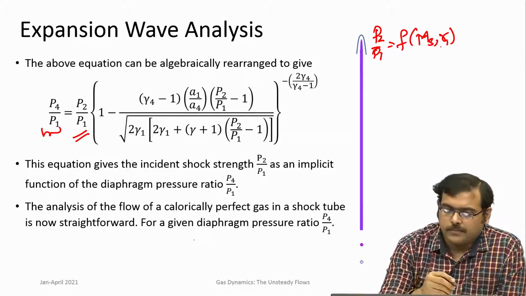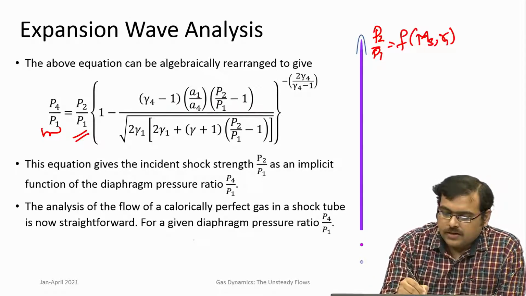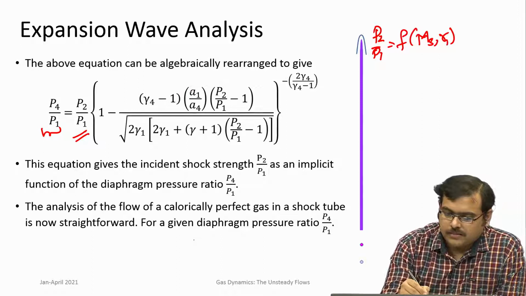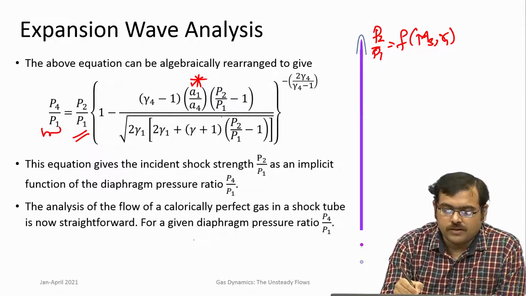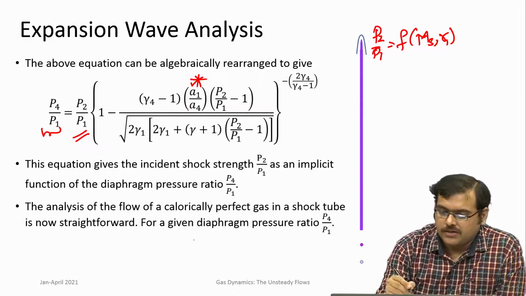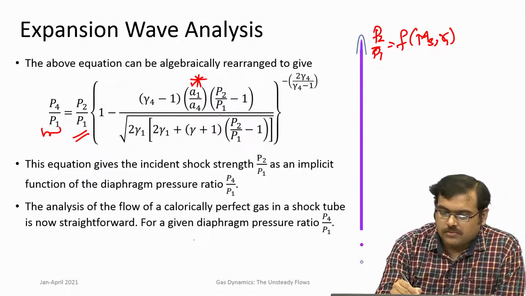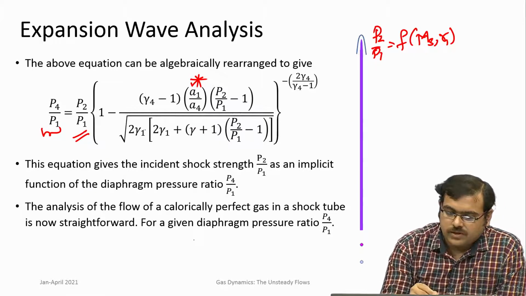This is gamma 1, and you have this term 1 minus (gamma 4 minus 1) times A1 by A4. This is a very important term, A1 by A4, which is the ratio of the speeds of sound in these two regions, times (P2 by P1 minus 1) divided by the square root of 2 gamma 1 times (2 gamma 1 plus (gamma 1 plus 1) times (P2 by P1 minus 1)).